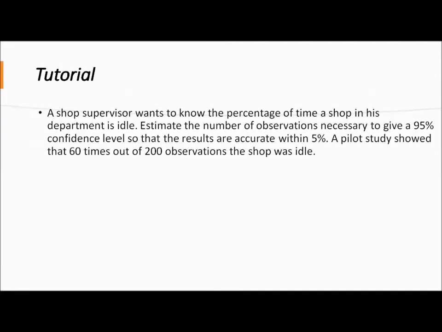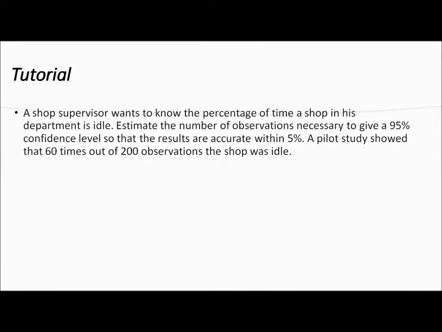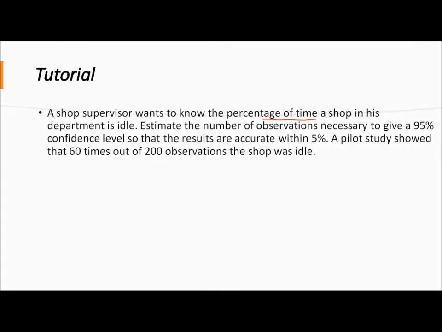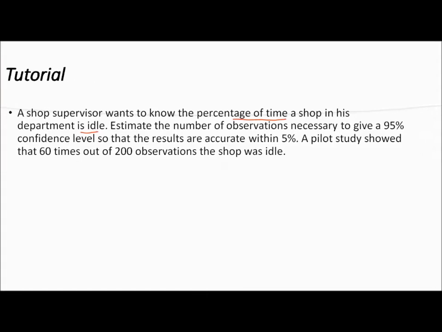So in this particular problem, a shop supervisor wants to know the percentage of time. So you are asked to calculate the percentage of time a shop in his department is idle.